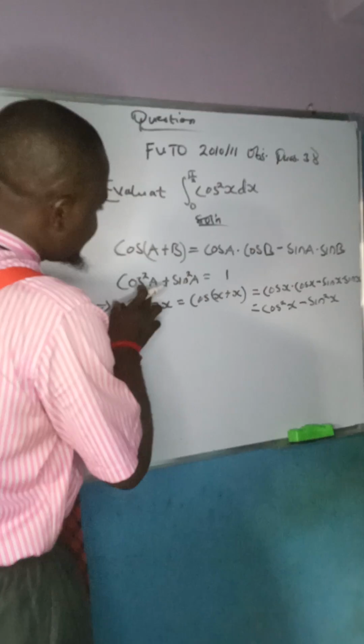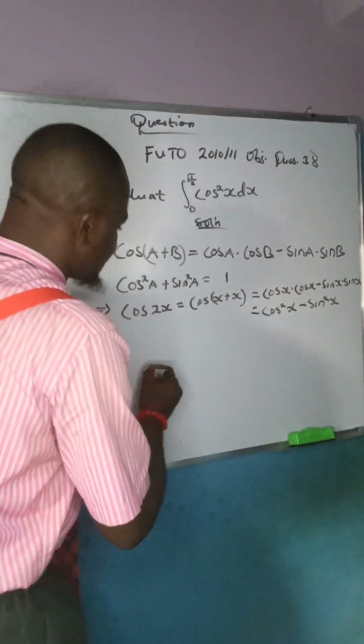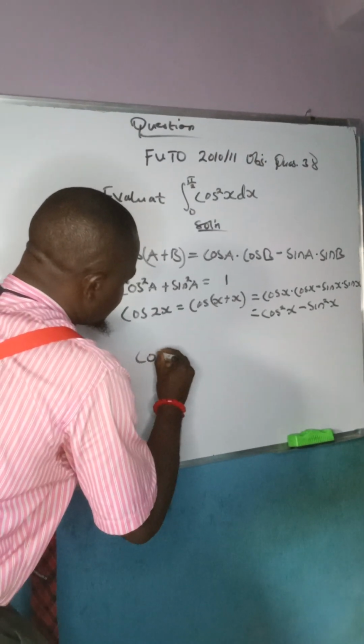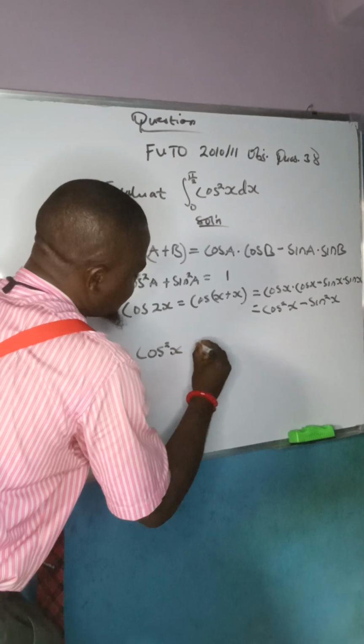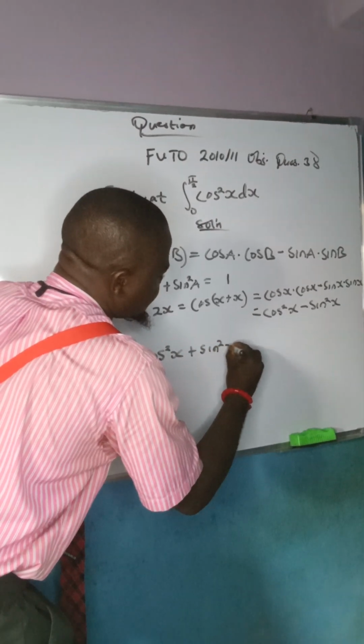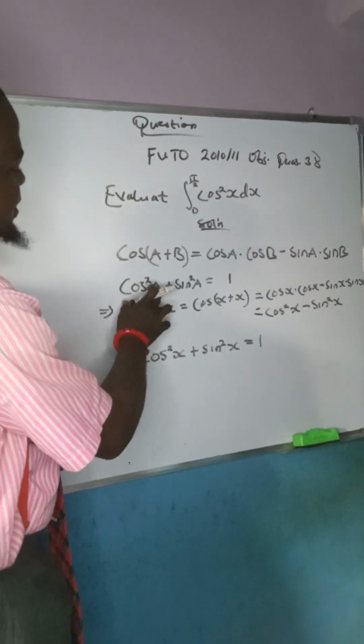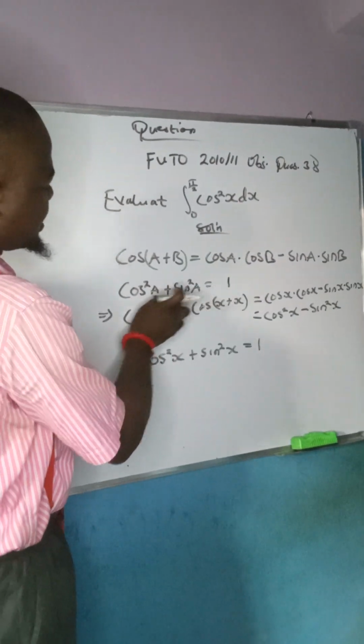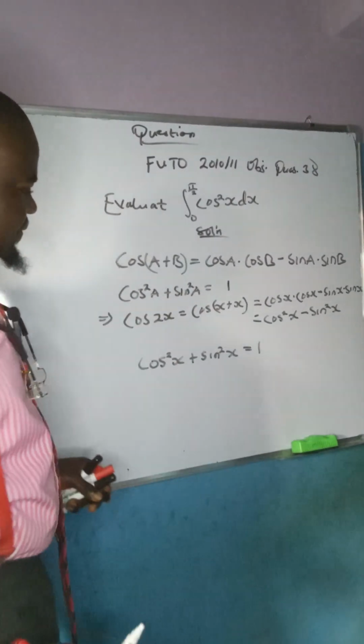So, and if I have this, which simply means cos squared x plus sin squared x equal to 1, because I can take my A to be this, right?